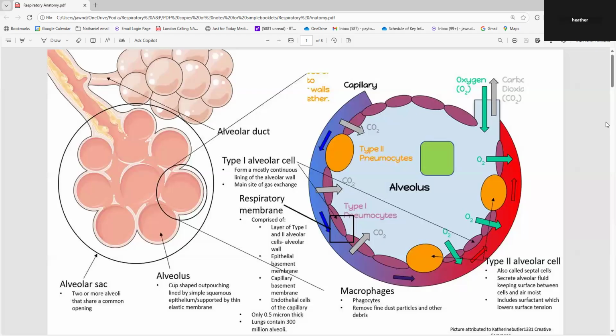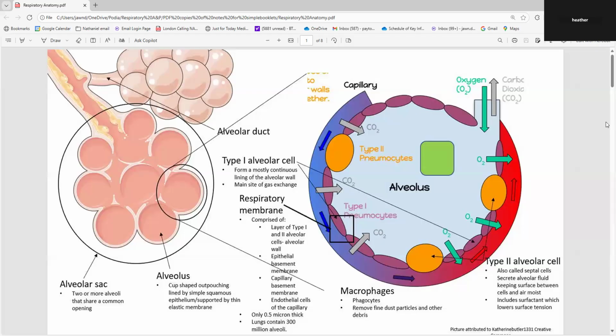So the type 1 alveolar cells you can see here form a mainly continuous lining of the alveolar wall. They've got small openings in between them, very small, very tight normally. And then the type 2 alveolar cells that you can see here, the bigger cells, also called septal cells, secrete alveolar fluid, keeping the surface between the cells and the air moist.